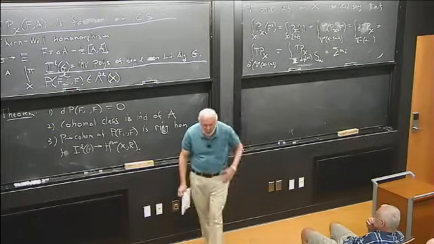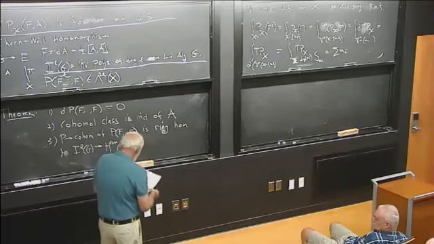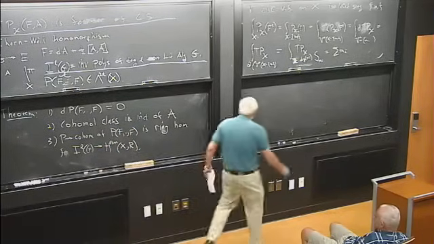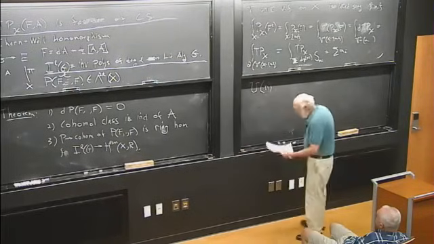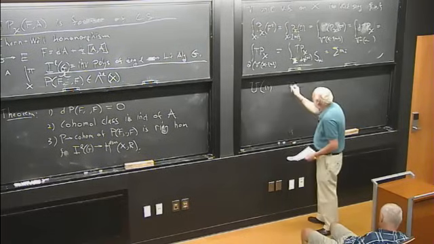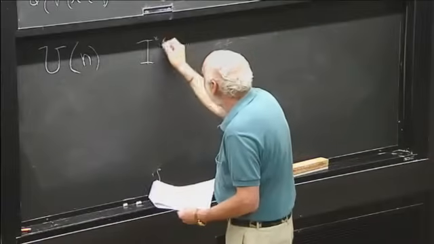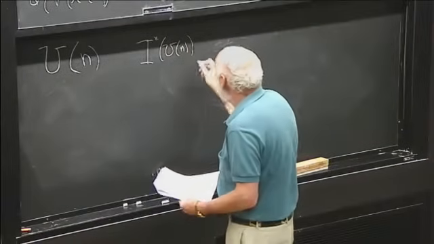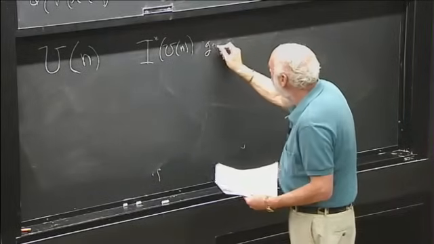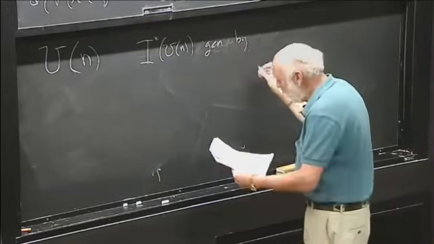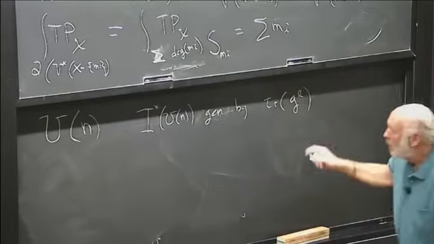And let's just look. If the group is U_N, a favorite group, then the invariant polynomials I(U_N) are generated by trace powers, actually just the trace of g to the L. So you take a skew Hermitian matrix, raise it to the L power, take its trace.